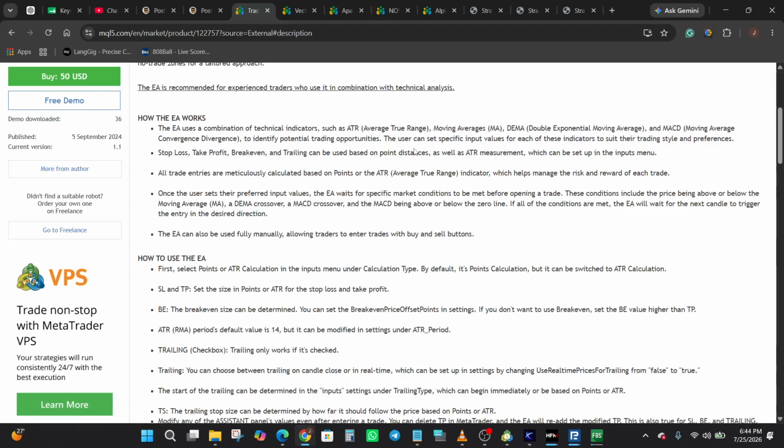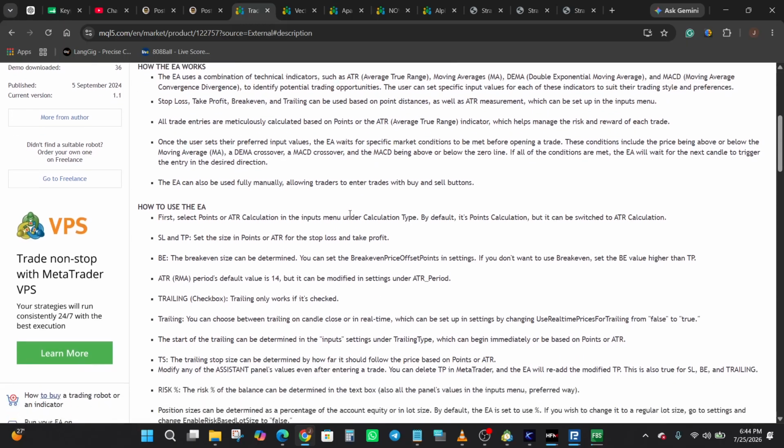So it uses these conditions to identify potential setups: price relative to the MA, a DEMA crossover, an MACD crossover, and MACD position relative to the zero line all need to align before it waits for the next candle to trigger an entry. But it can also be run fully manually using buy and sell buttons on the panel.